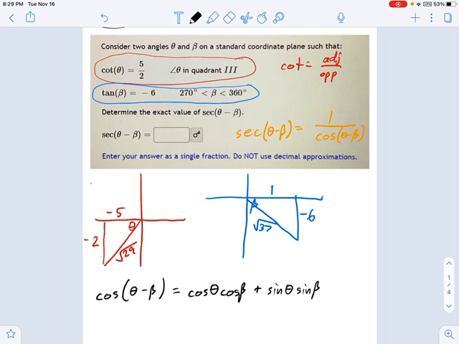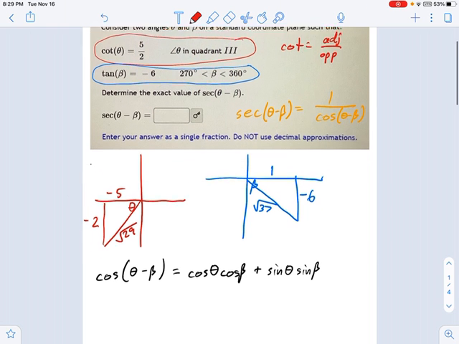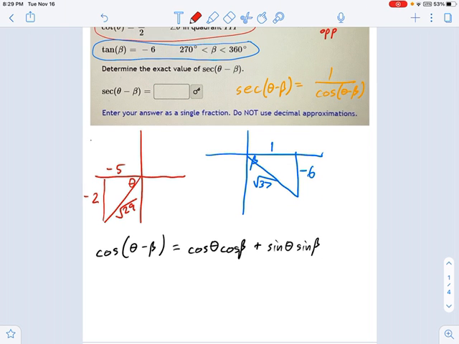So now we just plug in the values according to these coordinate planes. Theta is the triangle on the left, the red one. Cosine of theta is adjacent, that's -5 over hypotenuse, radical 29. And sine of theta is opposite, -2 over radical 29.